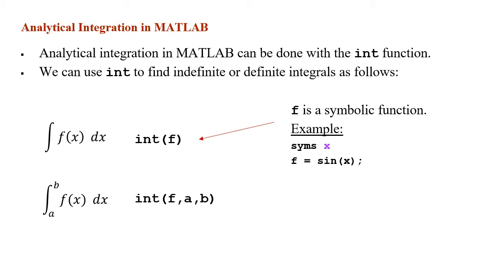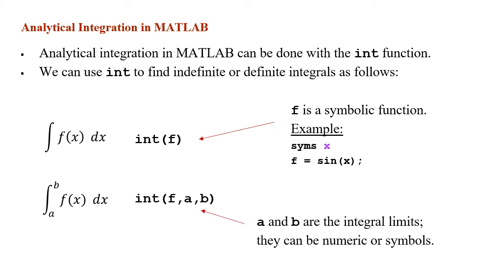Then you'll be able to use the function int with the input f to find the indefinite integral of the sine of x. When you want to use the int function to calculate definite integrals, the limits you must provide can be either numeric or symbolic.